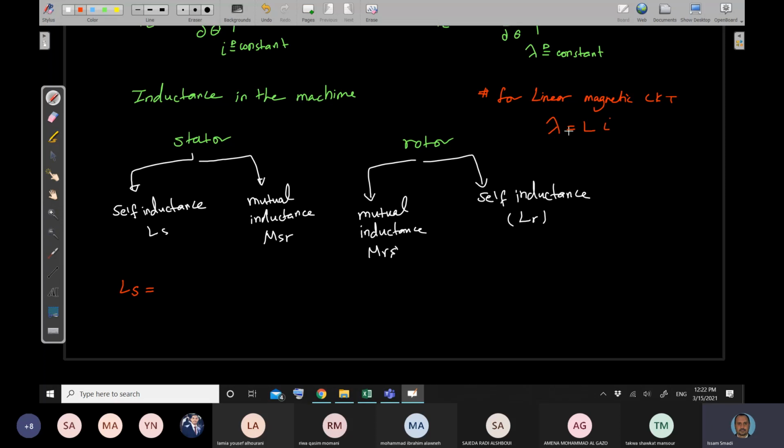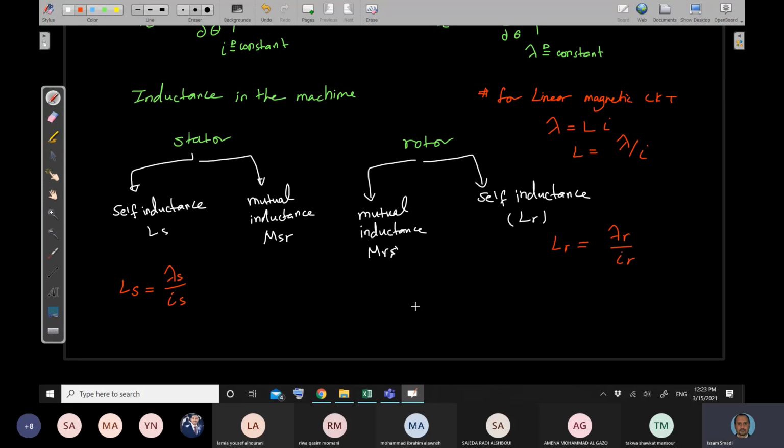So if I have the flux linkage and I know the current, then I can calculate the inductance by dividing the flux linkage over the current. If I excite the stator winding, then I can calculate or measure the stator flux, and the self-inductance of the stator will equal lambda s over Is. The same thing here: if I excite the rotor by a current IR and calculate lambda R, then LR will equal lambda R over IR.